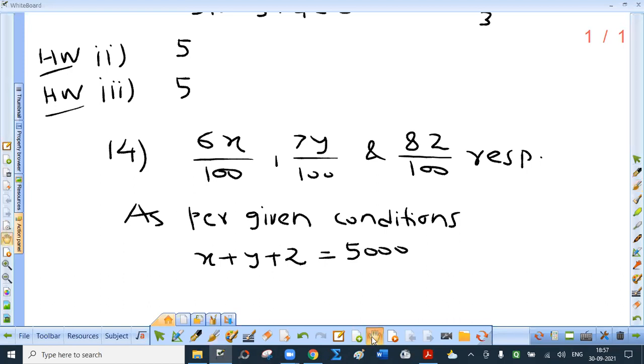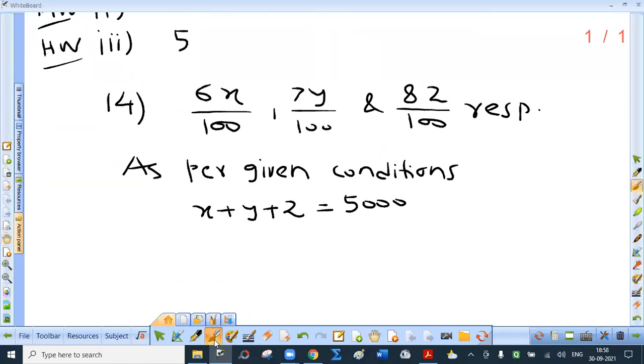Okay, what is the second equation? Read the conditions. Total income is 350.